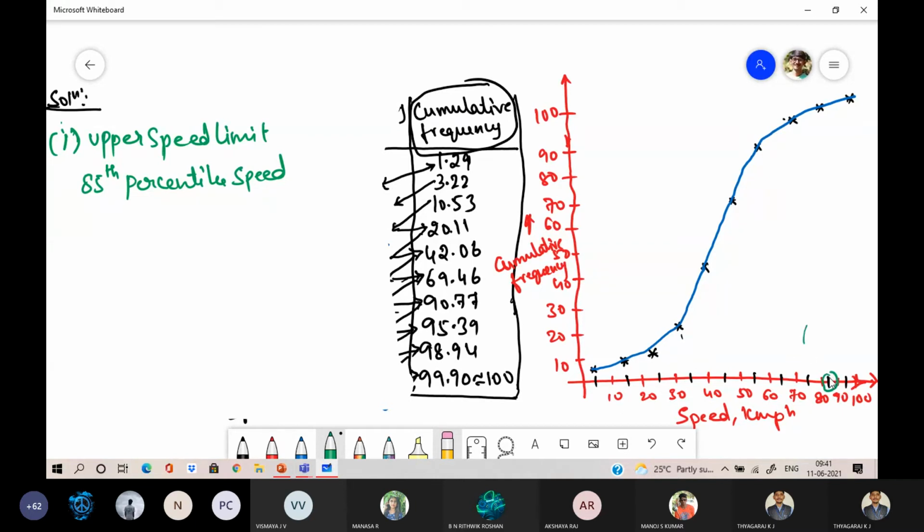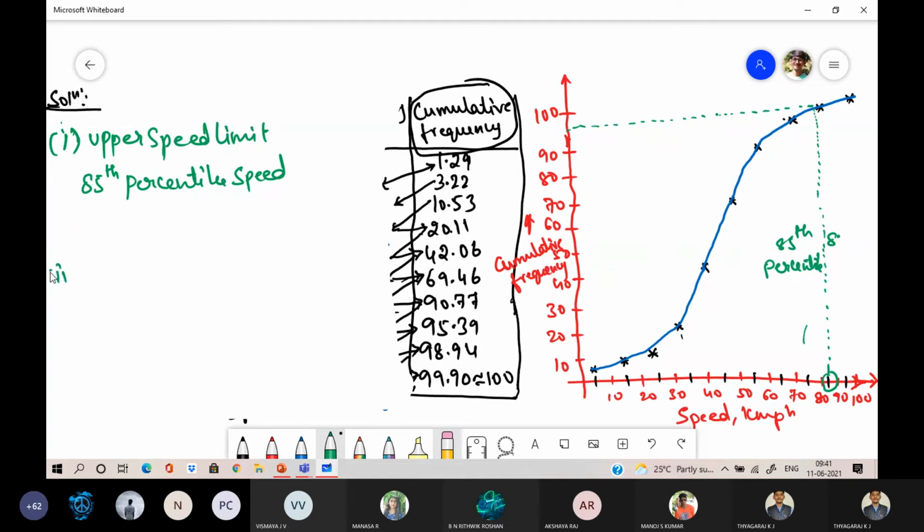Using a scale, project a line upwards until you cut the curve here. Then project horizontally. This will be your 85th percentile speed. Kindly check how much you get.